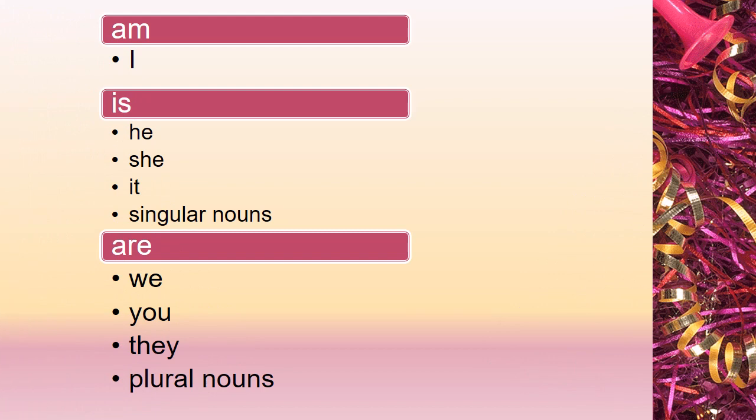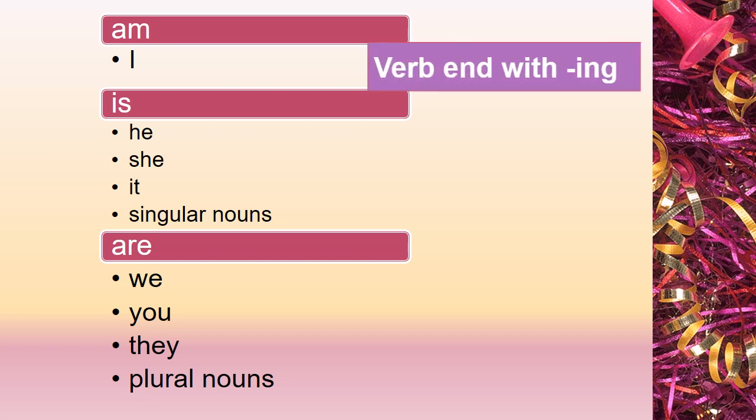Then we learnt about present continuous tense, where we use the verbs am, is, are. And we learned that with I we always use am: I am plus verb ending with ing.